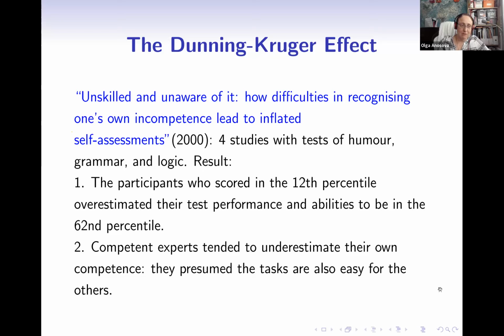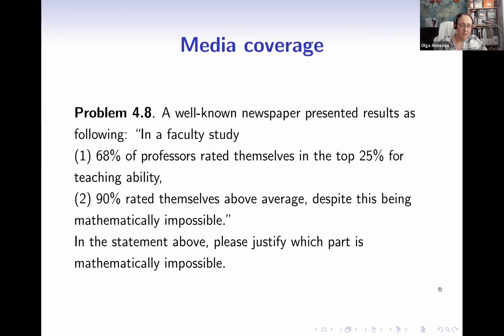In general, the Dunning-Kruger effect is about people who know not enough to understand that there exists knowledge outside of what they know, some knowledge they don't know yet. So that's the effect of huge confidence. And it was at the time quite a big discovery, which had substantial media coverage.